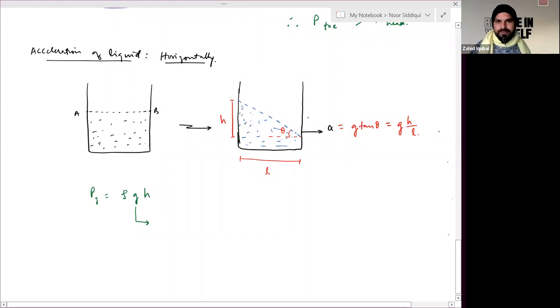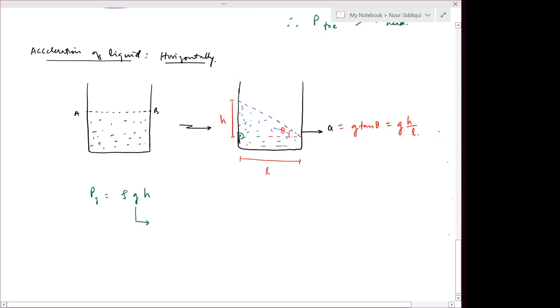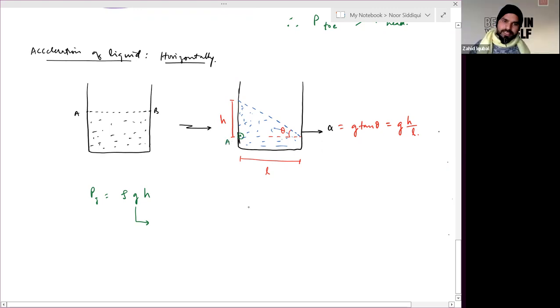Similarly, in this part, due to acceleration of system towards right, there will be some pressure at this point due to acceleration towards right. Is it clear? Yes, sir. So let's say this point is A. So pressure at point A due to acceleration towards right will be density of liquid, acceleration A times length of column of liquid which is accelerating, so which is L.